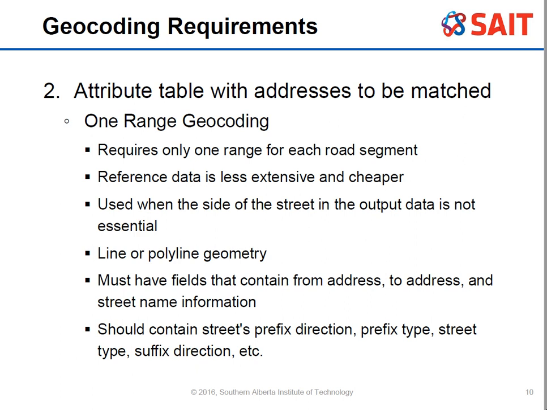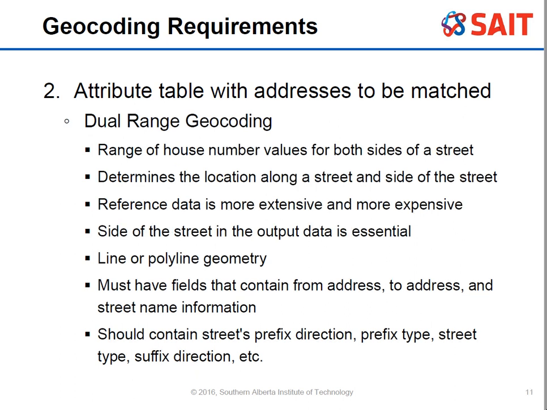And then the fields must also contain the from address and to address, so that's the starting number to the end number, and also the street name. There should also be other information such as the prefixes and street type, but the most important thing is having that range of addresses and the street name that goes with it to be able to figure out that 1 range geocoding.